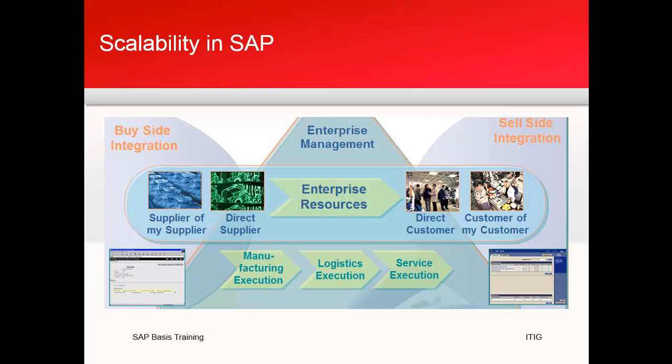From a scalability perspective, at the center you have ERP, the enterprise resources. It can connect to the buyer side and the seller side, and at the bottom with manufacturing execution, logistics execution, and services execution.